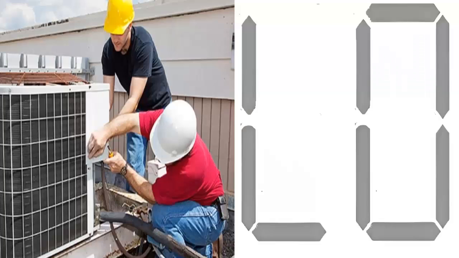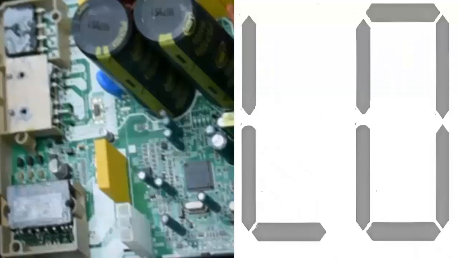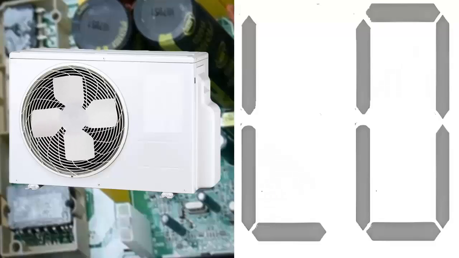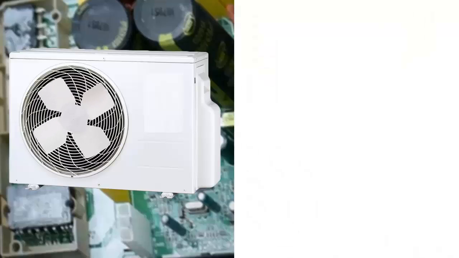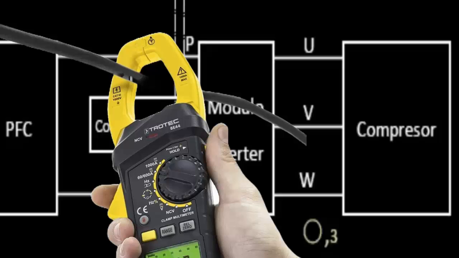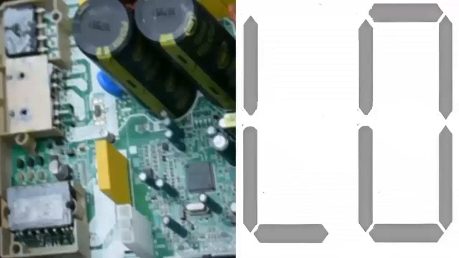If it is not properly clean, adequate heat exchange is not generated, causing excess pressure and increasing current consumption, which can trigger the error code. B. Check the proper rotation of the outdoor unit fan. C. Use a clamp meter to measure the compressor current to see if it is normal.